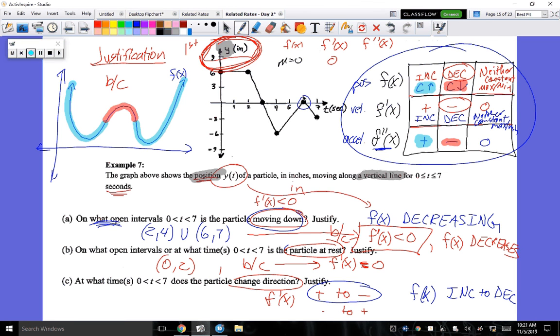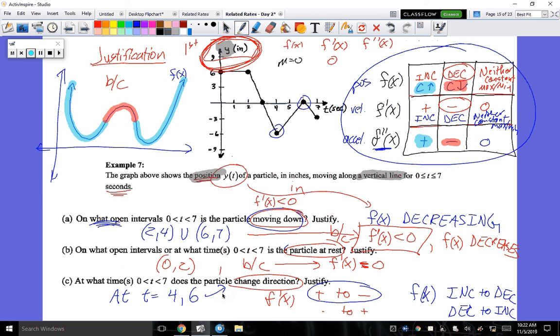Increasing to decreasing would be right here, right? Where else is increasing to decreasing? That's it, right? So the other one is decreasing to increasing, which is at 4. So this one's going to be at t equal to what? 4 and 6.